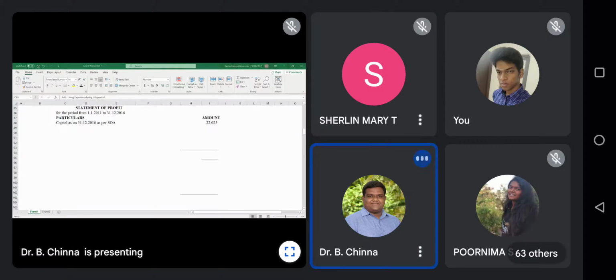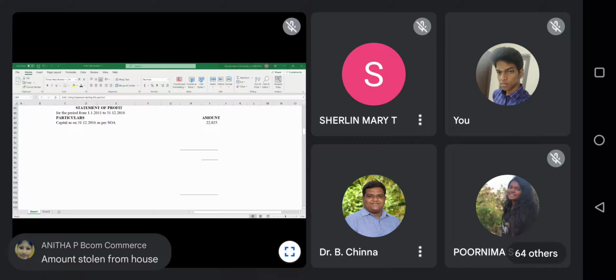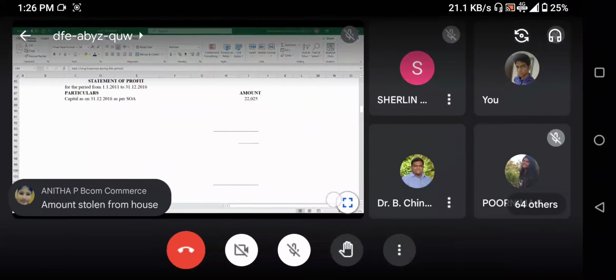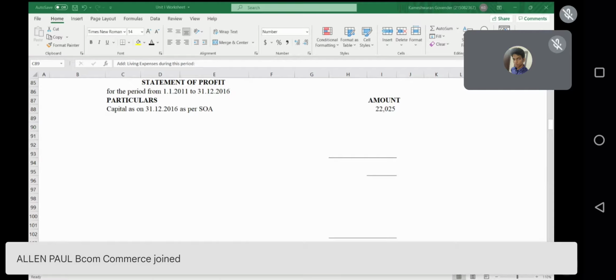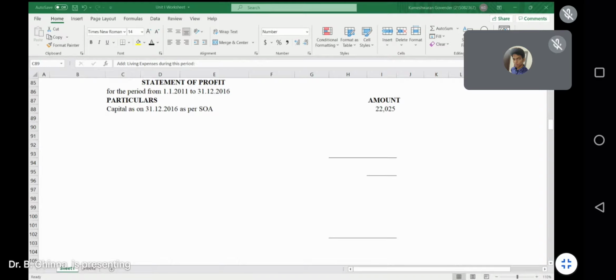Drawings. Okay, what are all the items that are considered drawings here? Stolen amount.